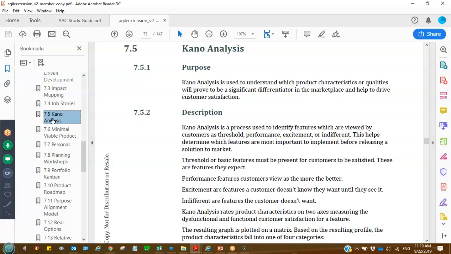There are elements of the product that are expected, and how well you implement those elements will determine how well your product is received in the marketplace. And it's almost linear.